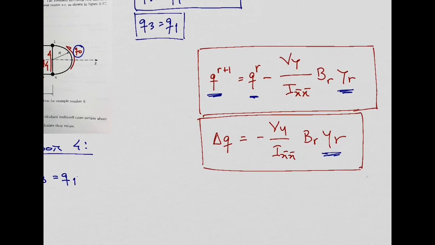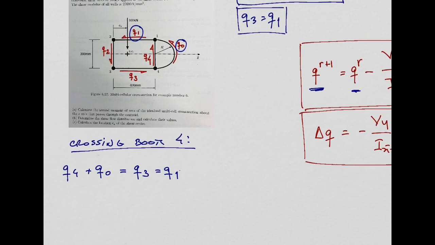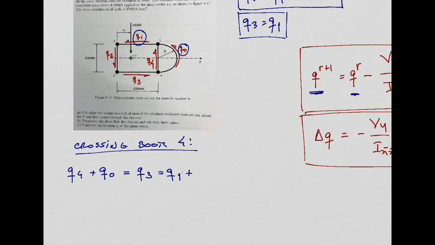And now I just need to include this term here because I'm crossing boom number 4. So this term is going to be plus 1 over 630 again. This is the same shear force, same second moment of area. But now the area of boom number 4 is 800. It's not 600, it's 800. And the distance of this boom to the neutral axis is minus 150. Make sense?